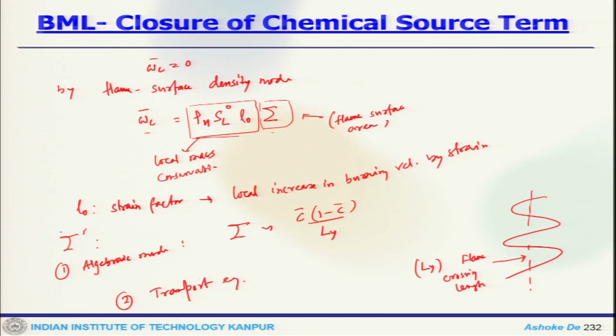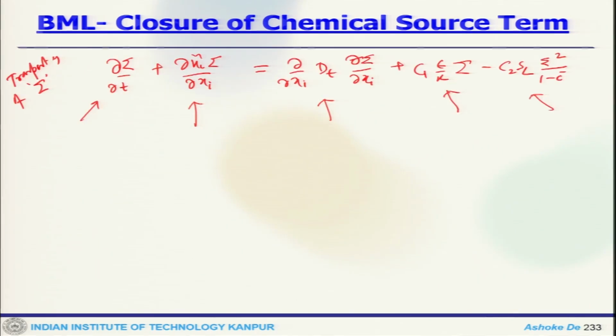Once you write it in terms of flame surface density, one can use either an algebraic model like this, which is quite simple, or a transport equation like this, where the transport equation of the flame surface density contains a convective term, local change, turbulent transport, then production due to flame stretch, or annihilation.